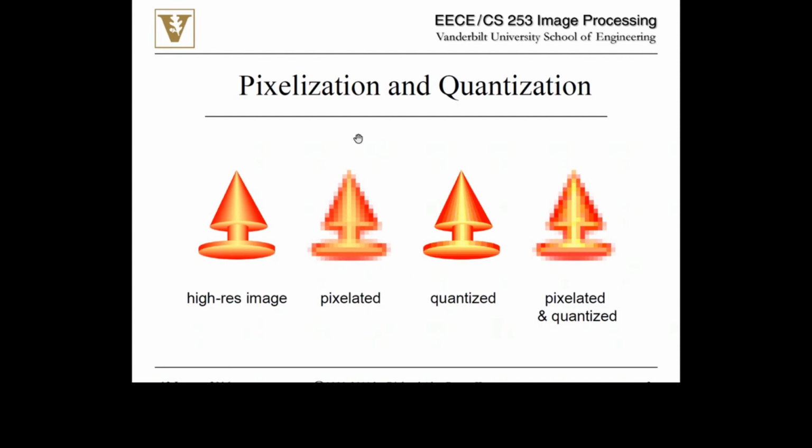So pixelization, you can think of it as sampling in space. Quantization is sampling in the gray values or in the intensity values. So instead of having so many colors, having a much smaller color range, or better said, the gap between one sample and the next, but in the color space, is now bigger.